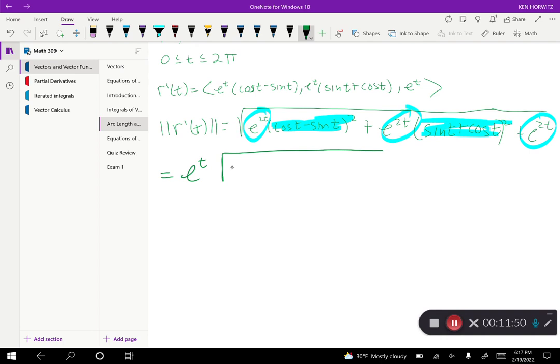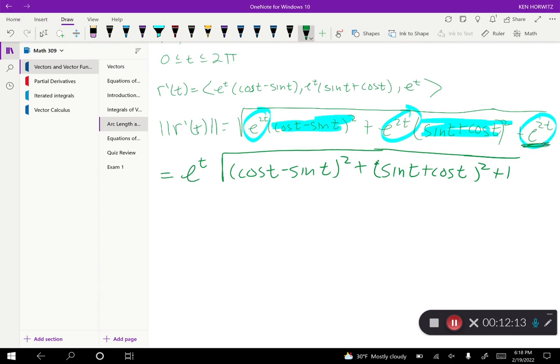So I'm left with cosine t minus sine t squared plus sine t plus cosine t squared plus 1. Remember, we need that placeholder, because if we ever wanted the e to the t to go back in, we would need a place in the third slot.